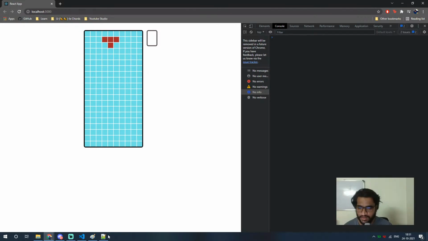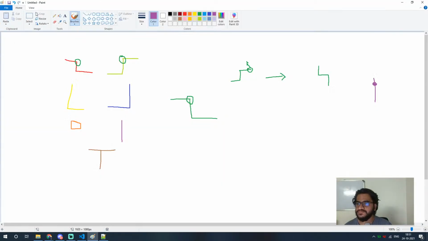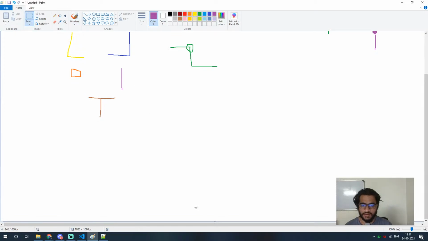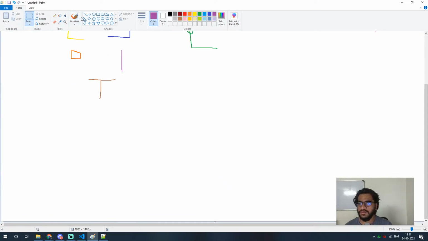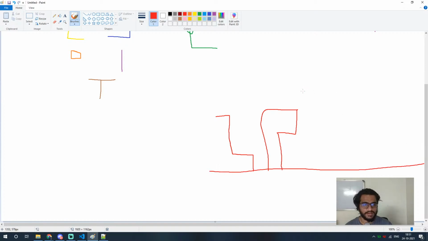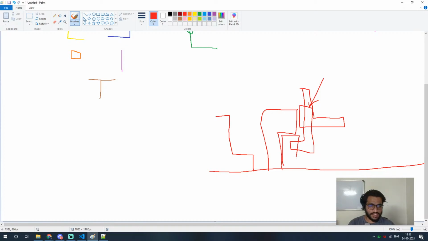Like if the blocks that are accumulated are maybe in this shape, and a block that we are supposed to be rotating, if I rotate it, how is it going to play out, whether it would rotate and stay like this, or like this.